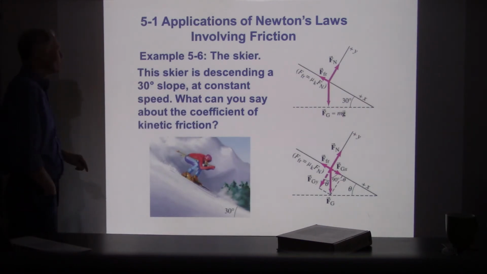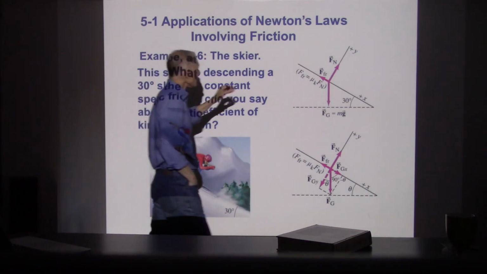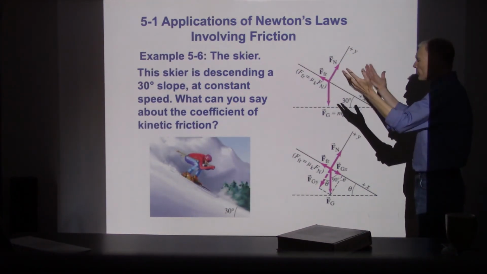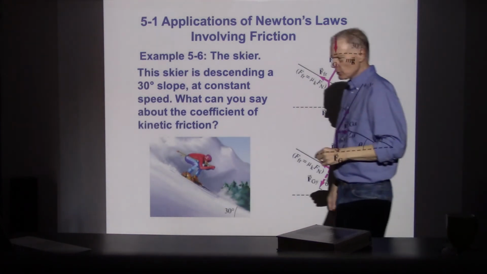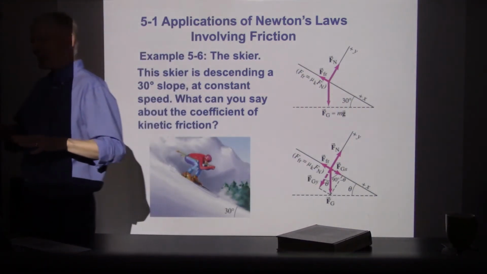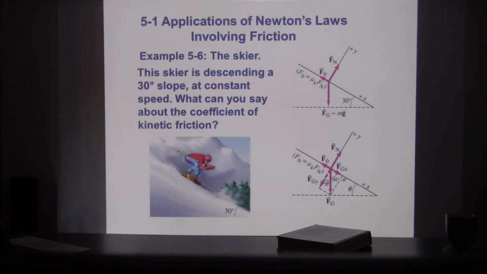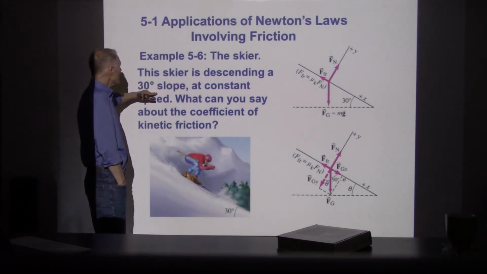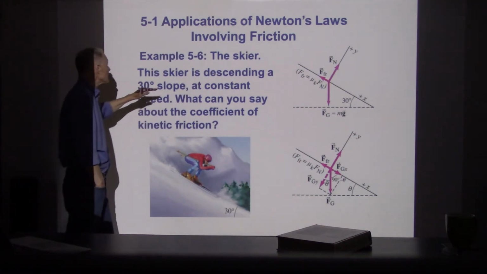All right, here we are skiing, which looks like a lot of fun. We're trying to figure out, with this skier on a 30-degree slope, which, I'm more of a cross-country skier myself, 30 degrees sounds pretty extreme. So here's a skier headed down a 30-degree slope at a constant speed.